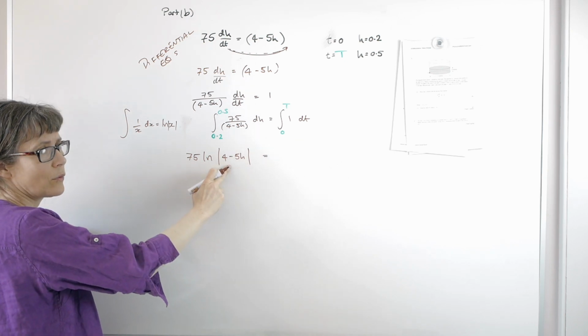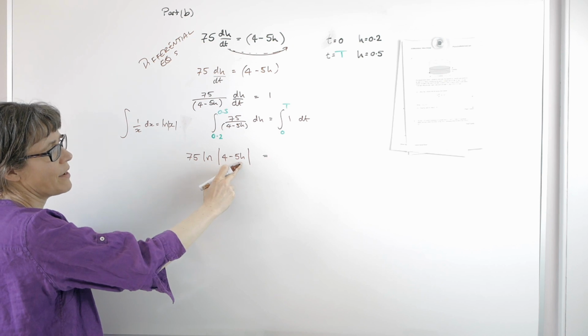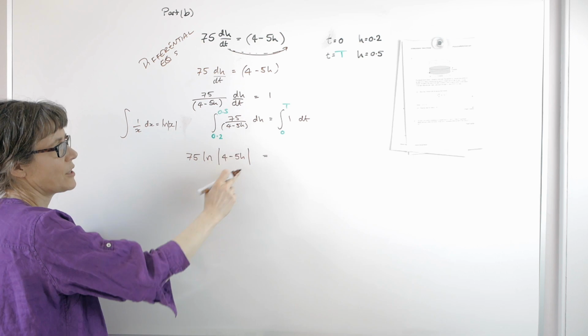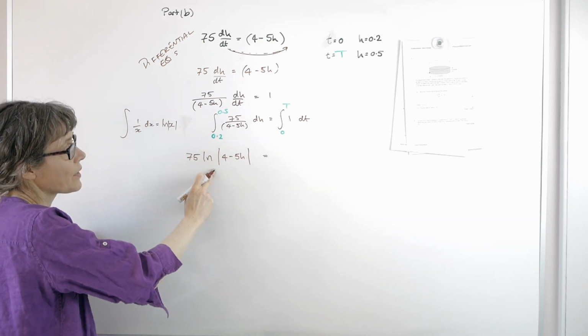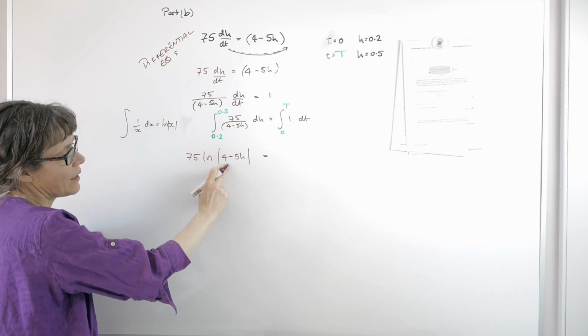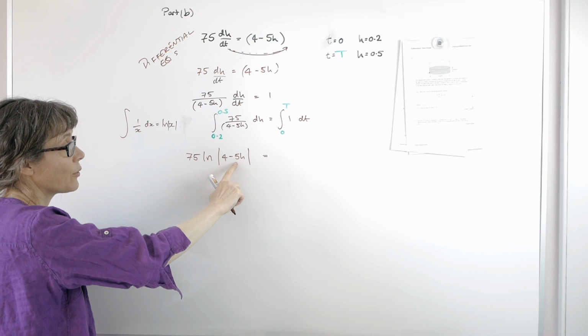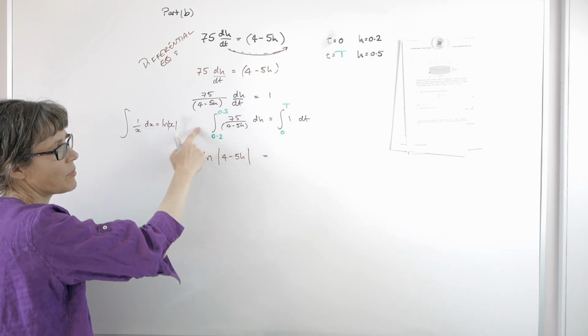And there's something that's a little bit tricky here, which is that we've got a minus 5h, not just an h. So if we were to differentiate this to go back to the integral, if we were going from here to here, chain rule dictates what? I'd have to multiply it. To get from here to here, I'd have to multiply it by minus 5.